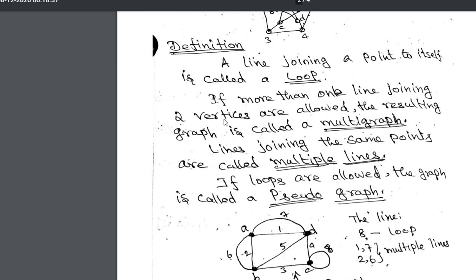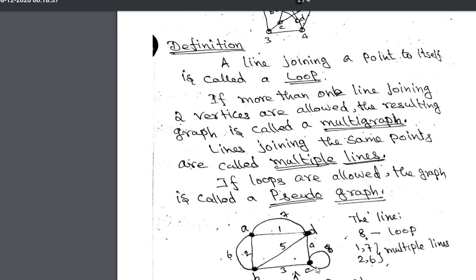Suppose you look at the next example. So here you can see the definitions. The first definition I told you, loop. A loop is nothing but a line joining a point to itself. So here you have this loop. You already know the meaning of the loop, no?